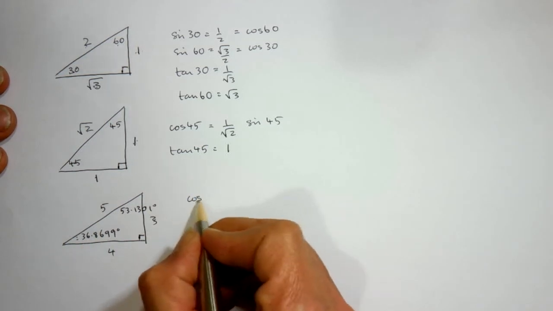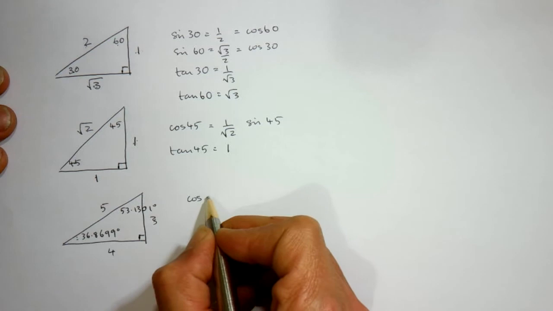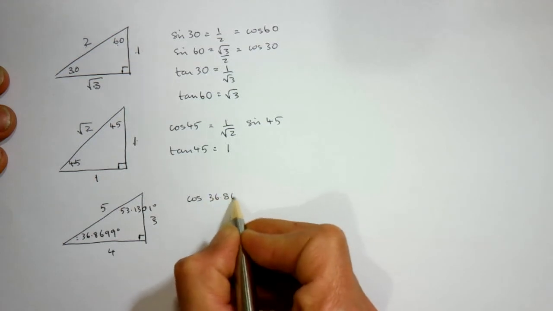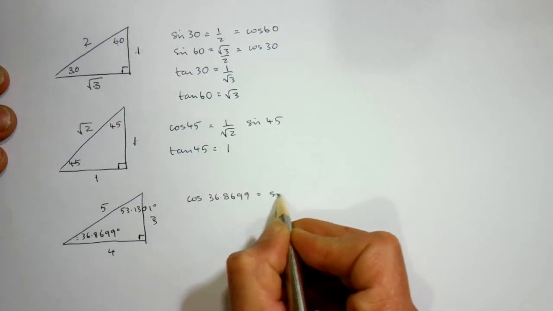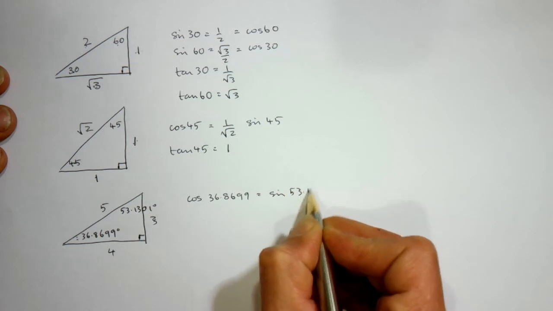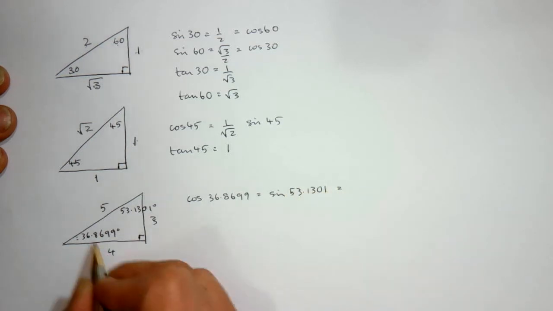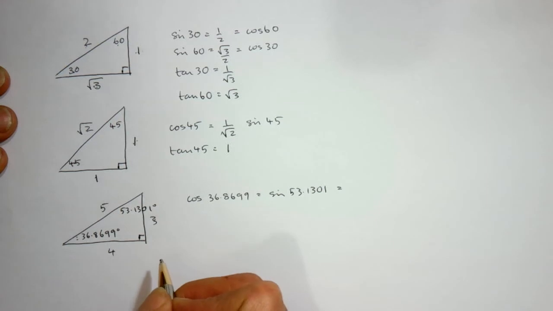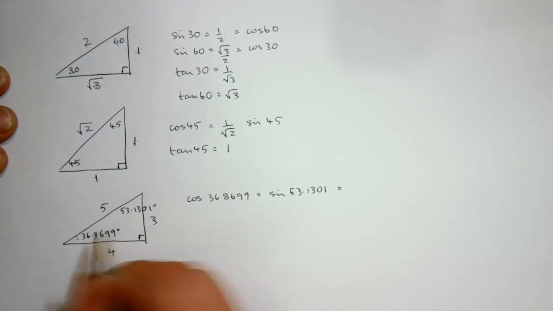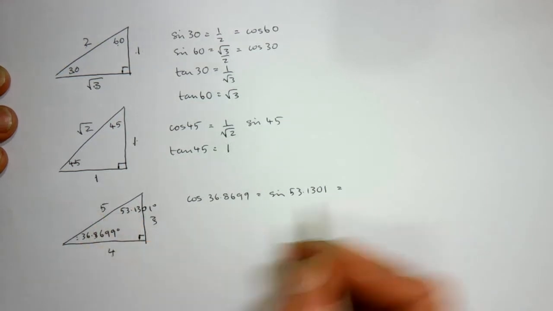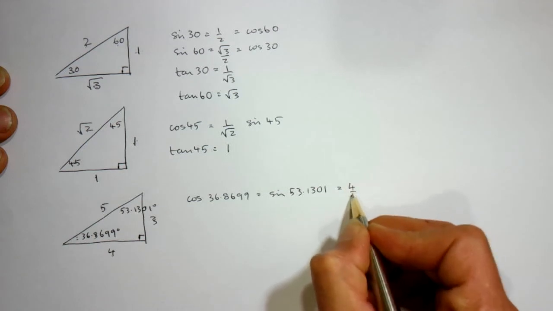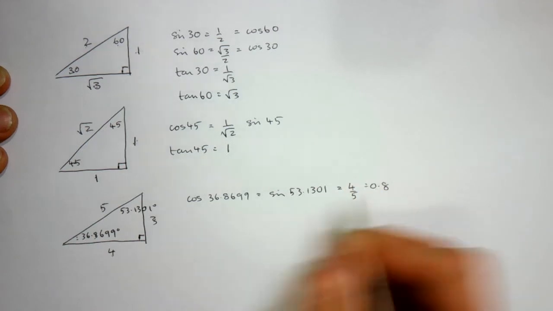And we've got cos of 36.8699 is the same as sine of 53.1301, and that's equal to adjacent over hypotenuse, 4 over 5 for this angle, so 4/5 or 0.8 if you want.